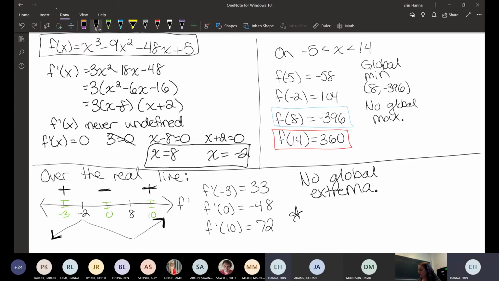Now, in general, good question, Sydney. You might be confused as to why the leftmost interval is a positive, but I'm saying it's going down forever. If it's positive, it means I'm increasing, right? But remember that increasing goes from left to right. So I'm increasing as I move to the right, but if I'm looking at what's happening at the end of the graph, that actually is looking as I go to the left.